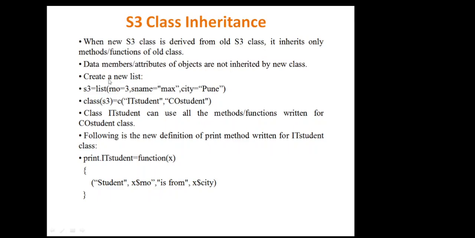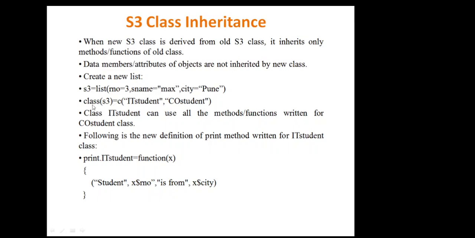So for inheritance also I am creating one list. I want to create one object called S3. So S3 is a list of these values, roll number, name and city.